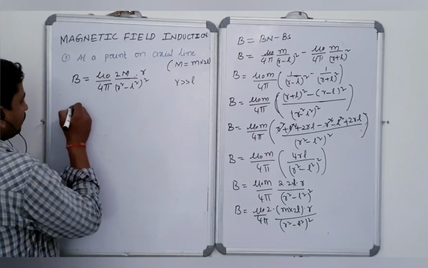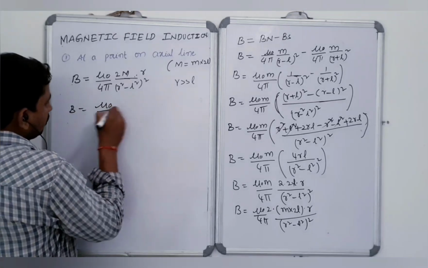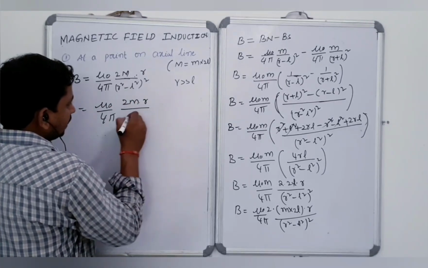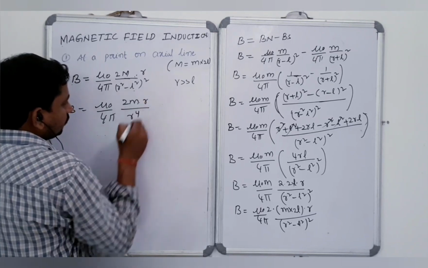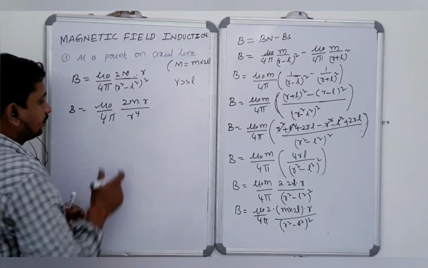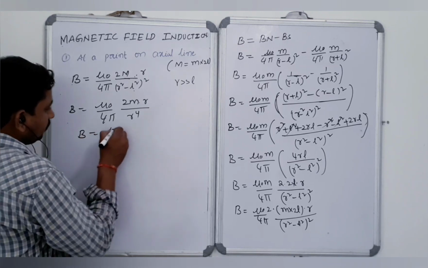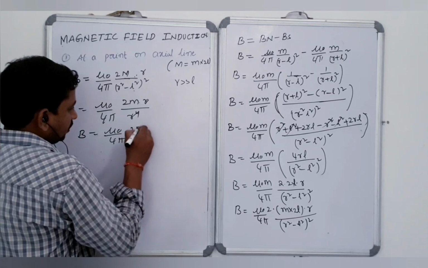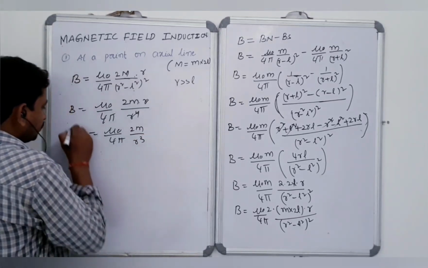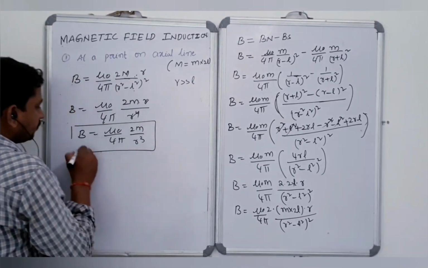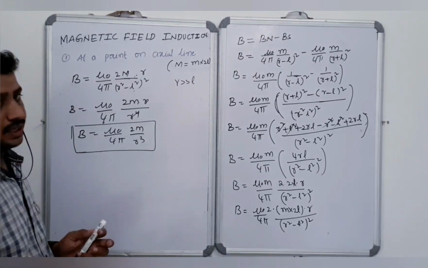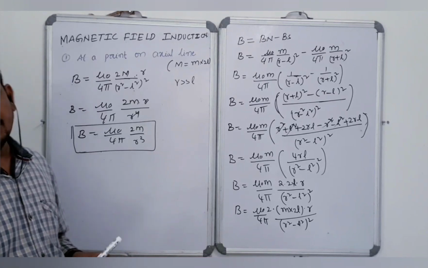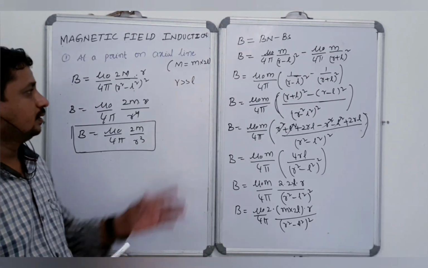So now B is equal to mu naught by 4 pi into 2M into r, r power 4 will come. So B is equal to mu naught by 4 pi into 2M by r cubed. This is the magnetic field induction due to a point bar magnet at a point on the axial line of a bar magnet. Okay.